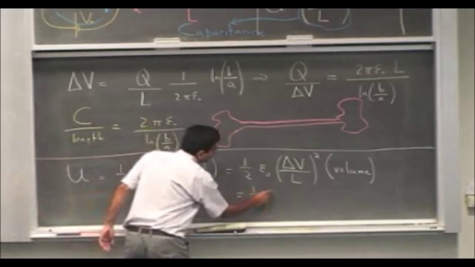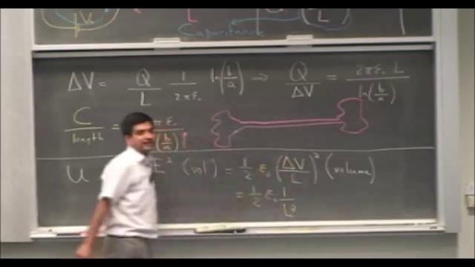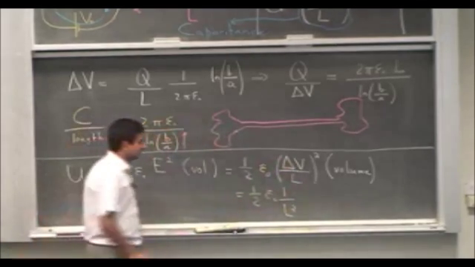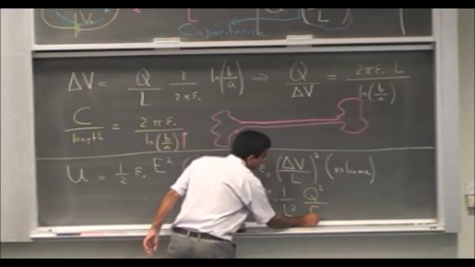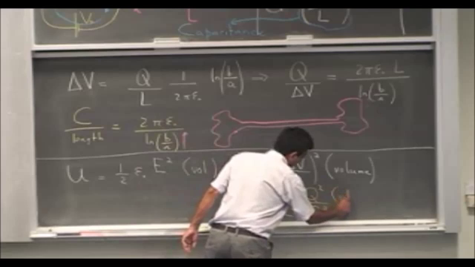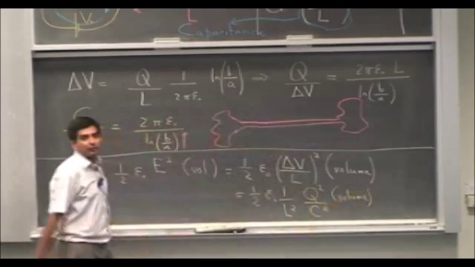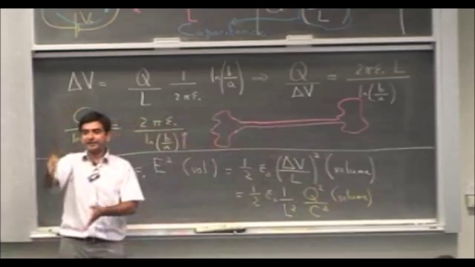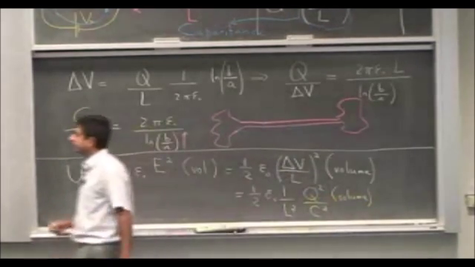Half epsilon naught 1 over L squared. What is delta V? Delta V is Q over C. Q squared over C squared into the volume. What is the volume? It's area times length. So I can replace this volume by area times length.